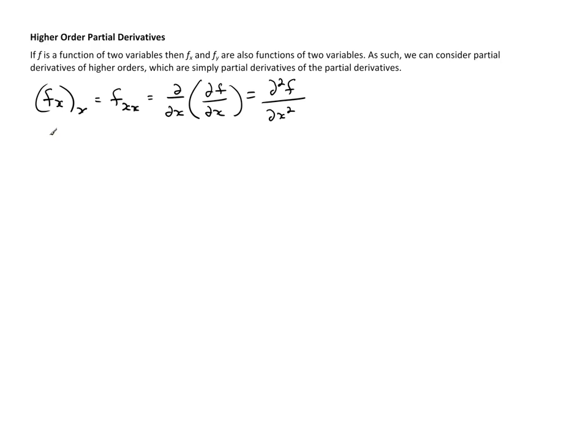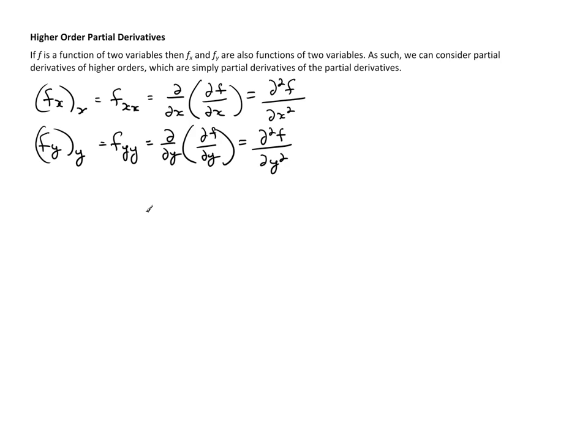Likewise, I could take a look at the partial of y with respect to y, which I would write as fyy. And that's the partial with respect to y of the partial of f with respect to y, which is obviously using the same notation. No surprise there.